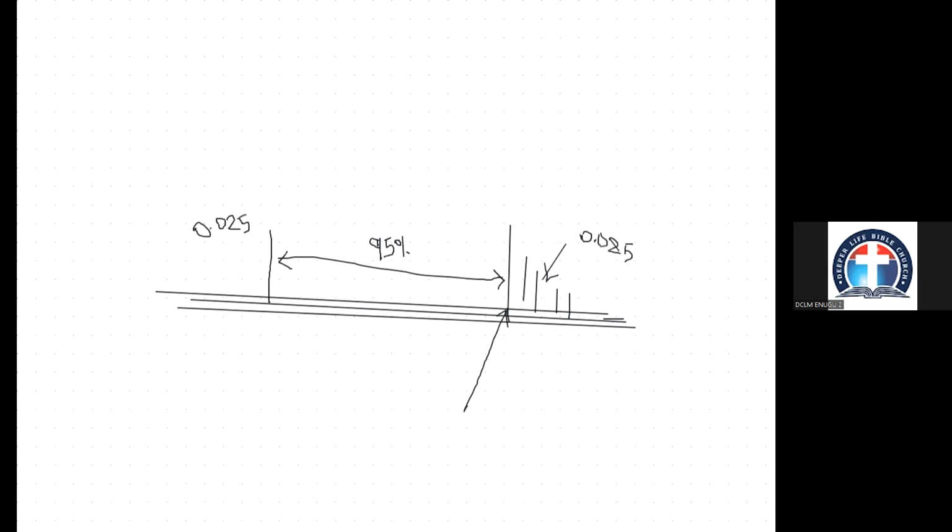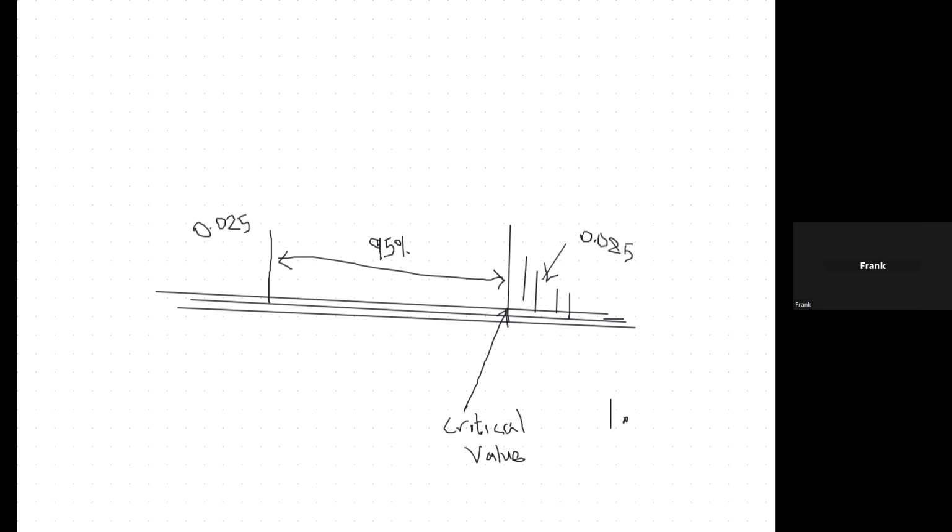In other words, if you go to your normal distribution table, the value that corresponds to this particular percentage, I taught you how to check up percentages in your normal distribution table. So the value of your Z that corresponds to this is your critical value. And what is that critical value for a 95% confidence interval? The value is 1.96. I hope that is clear.